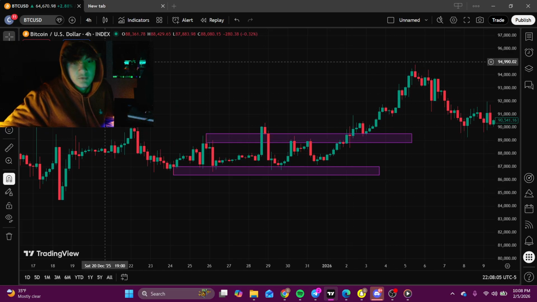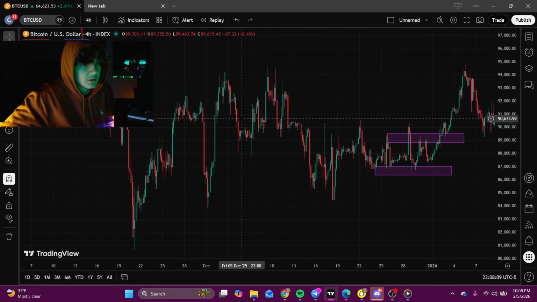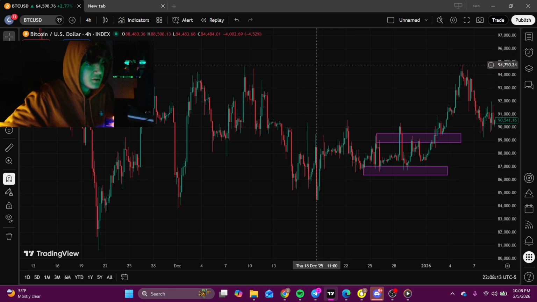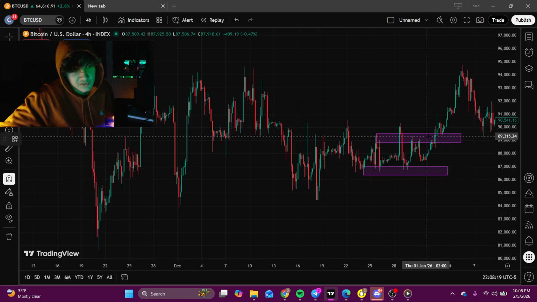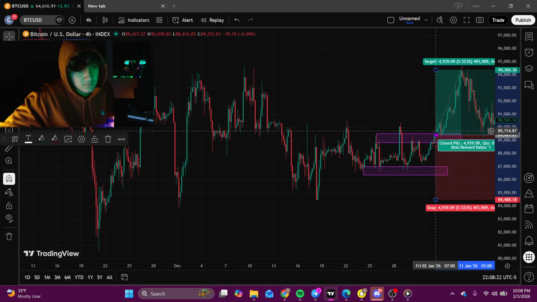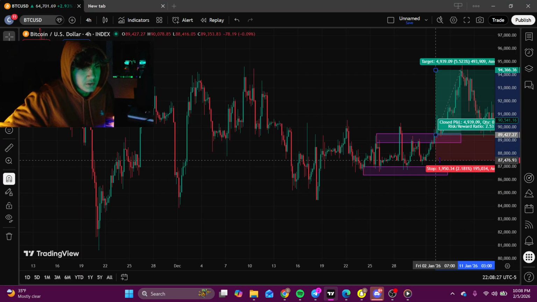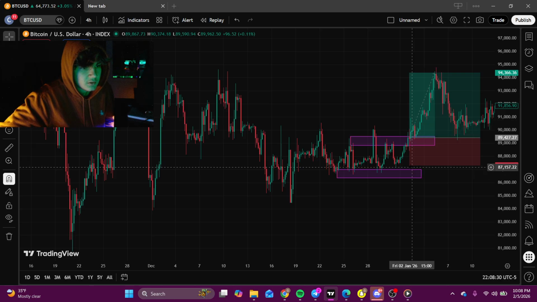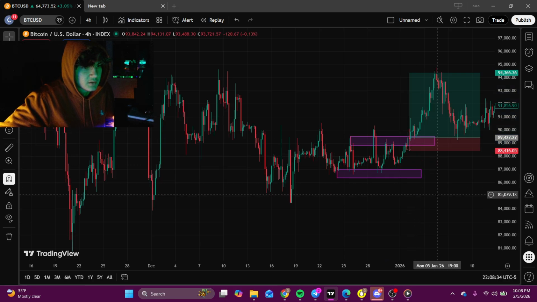You can hold that up to here, or you can zoom out, look at the higher time frame, see price above here buys up to here, and you can long that up to here. I'll put a position on the chart so you can see that good. You could hit that, you could hit that.